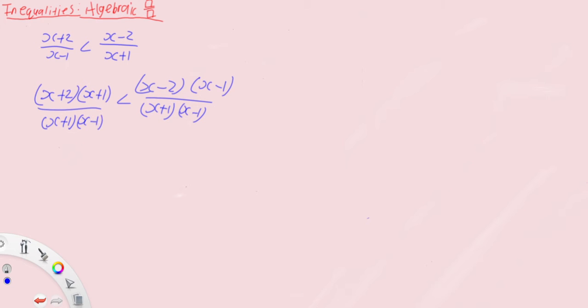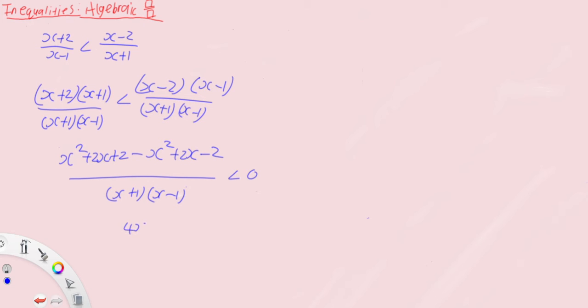Then from here, you do your manipulation. So we have (x squared plus 3x plus 2) minus (x squared minus 3x plus 2) over (x plus 1)(x minus 1) less than 0. Then you simplify to get 4x over (x plus 1)(x minus 1).